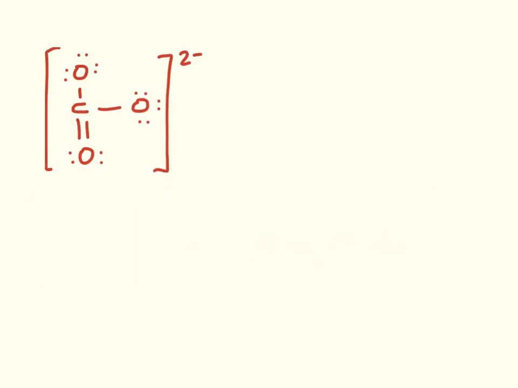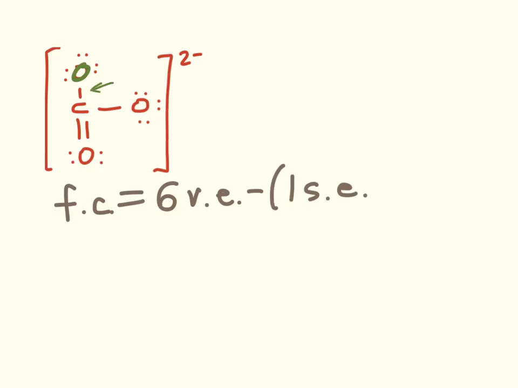Let's do the same thing for oxygen here. Formal charge equals the number of valence electrons, and for oxygen we know, since it belongs in the 6th group of the periodic table, it has 6 valence electrons, minus the sum of the shared electrons and non-bonding electrons. Oxygen here has only 1 bond around, which means it has only 1 shared electron, and it has 6 non-bonding electrons.